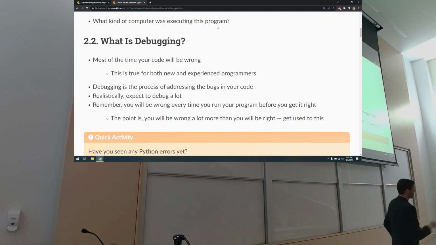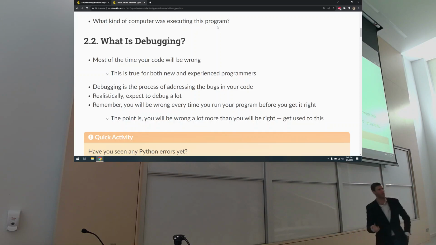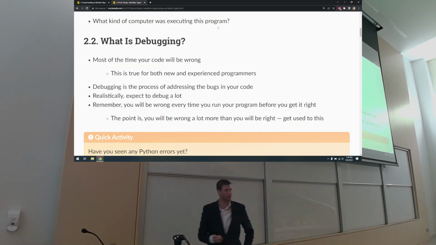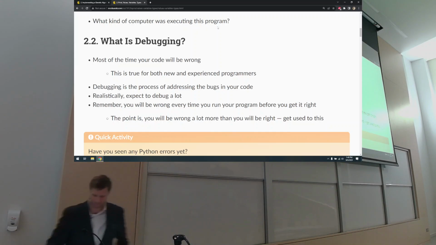It doesn't just start working. But you're going to be wrong a lot. You're going to be wrong a lot more than you're right. Get used to it. But that's the process. That's what you need to be expecting. If that's happening to you, you're doing it right. If you're somehow getting it right every time, I'm suspicious. Something else might be wrong. Your computer's probably broken because it's tricking you into thinking it's working.